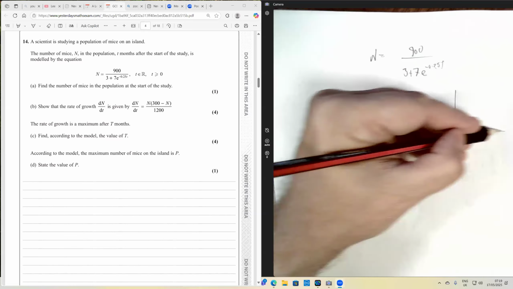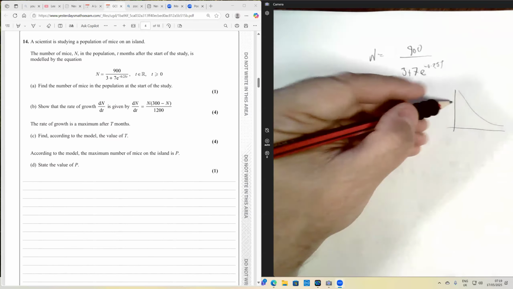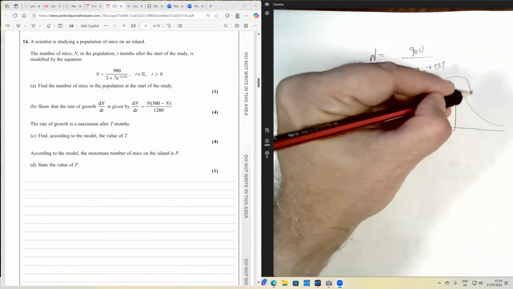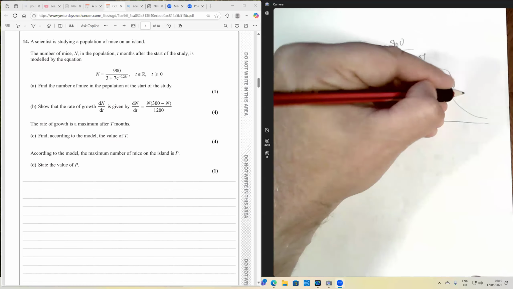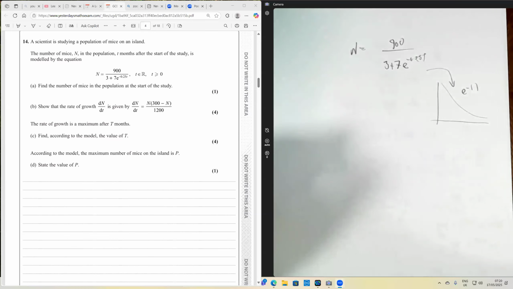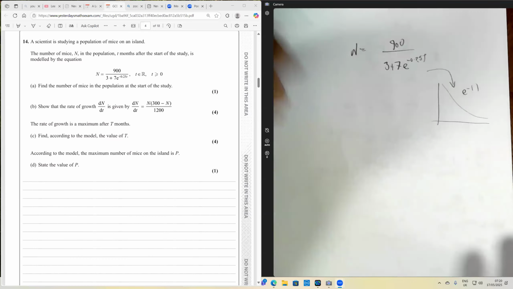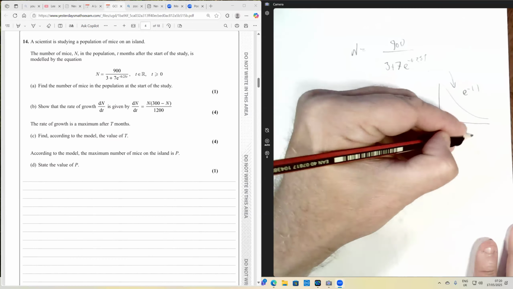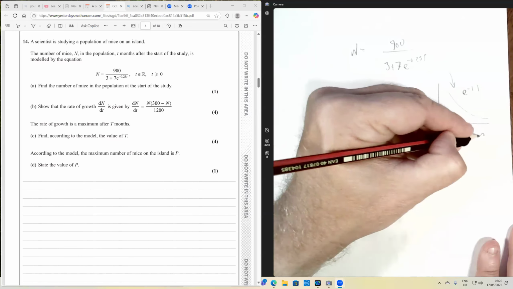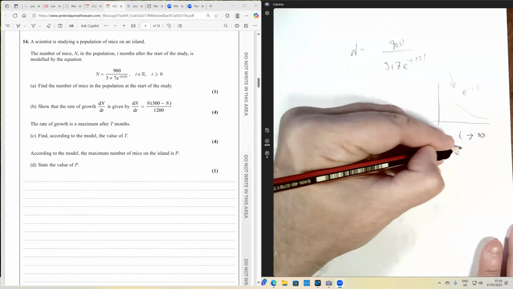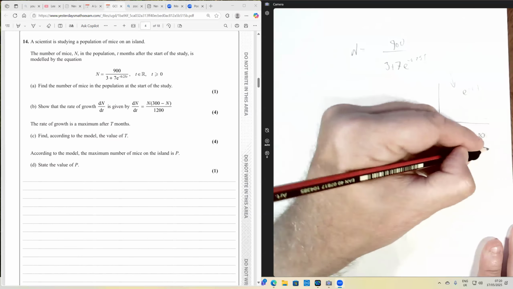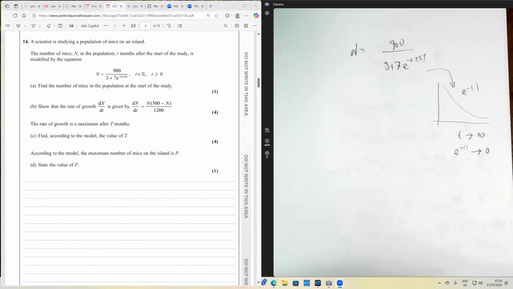Remember, this negative exponential looks like that. It's got that kind of shape. When you've got e to the minus something, we have exponential decay. So as t tends to infinity, e to the minus something tends to 0. What does that mean for us?